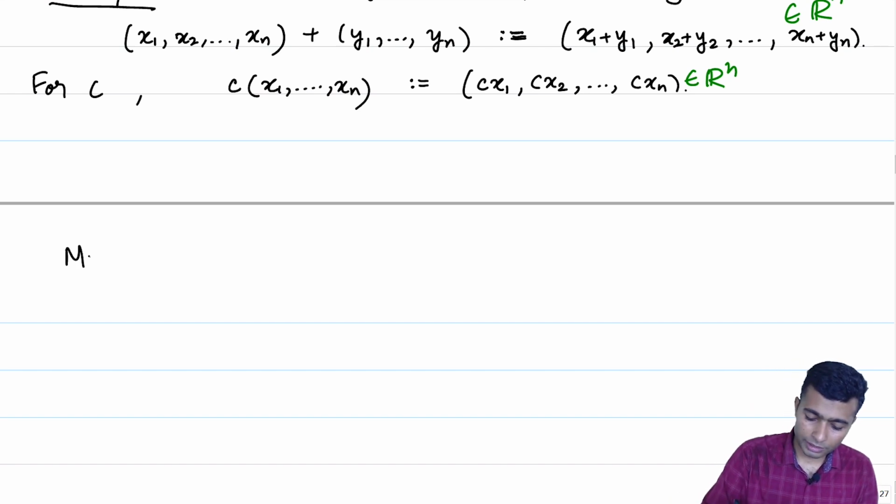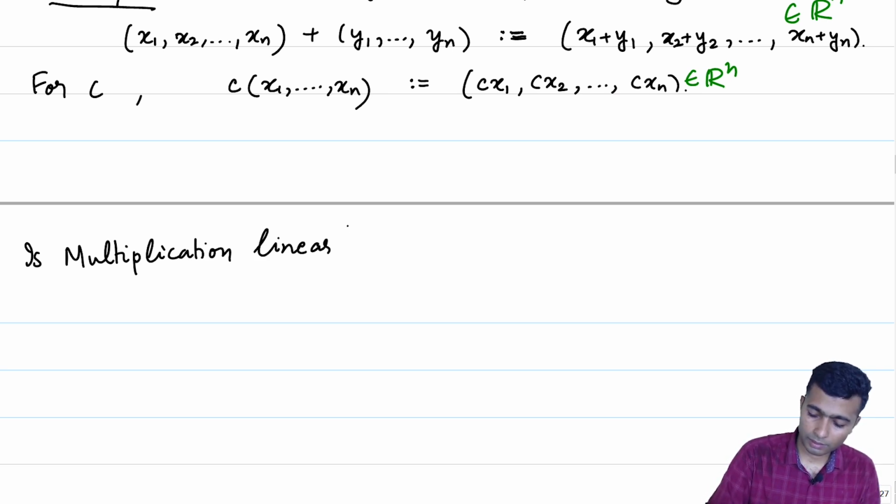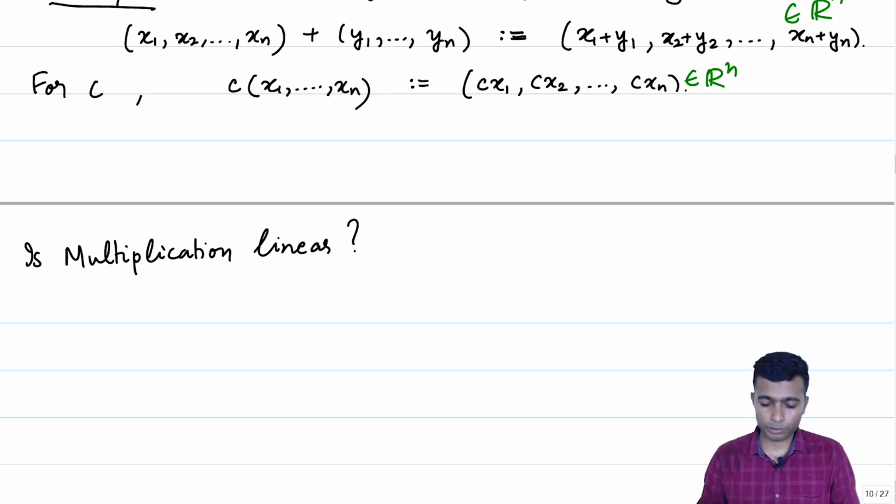So, is the multiplication linear? What do we have to check?